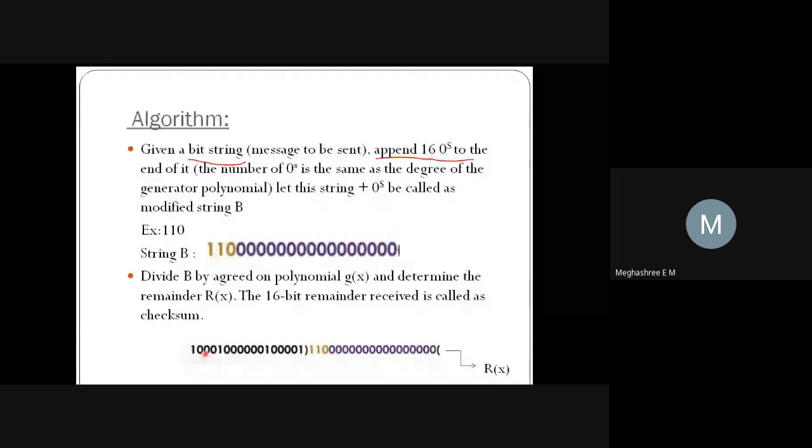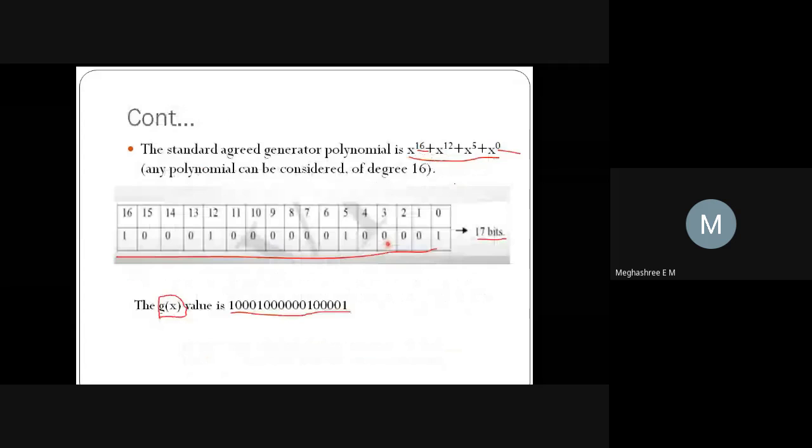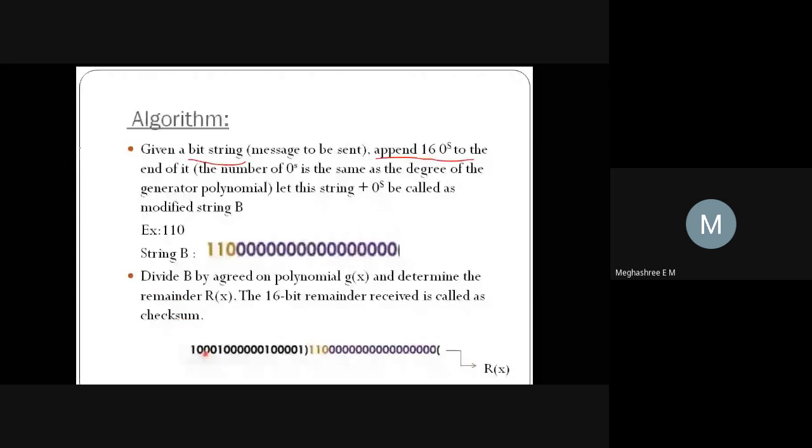Since it is 17 bits when you convert the polynomial into binary bits, you have to append a number of zeros to the data that you want to send to the other end. That is 17 minus 1, which is 16, so 16 zeros you have to append to the data string. I hope I'm clear.